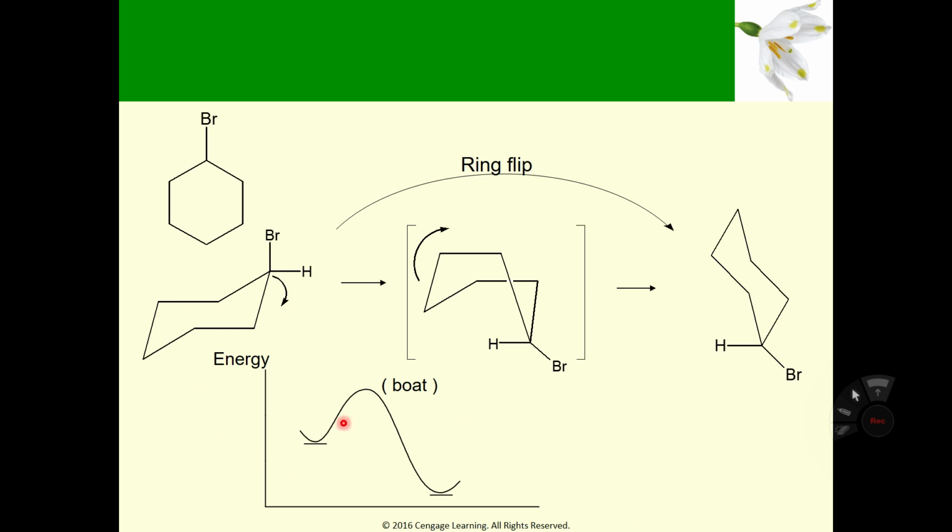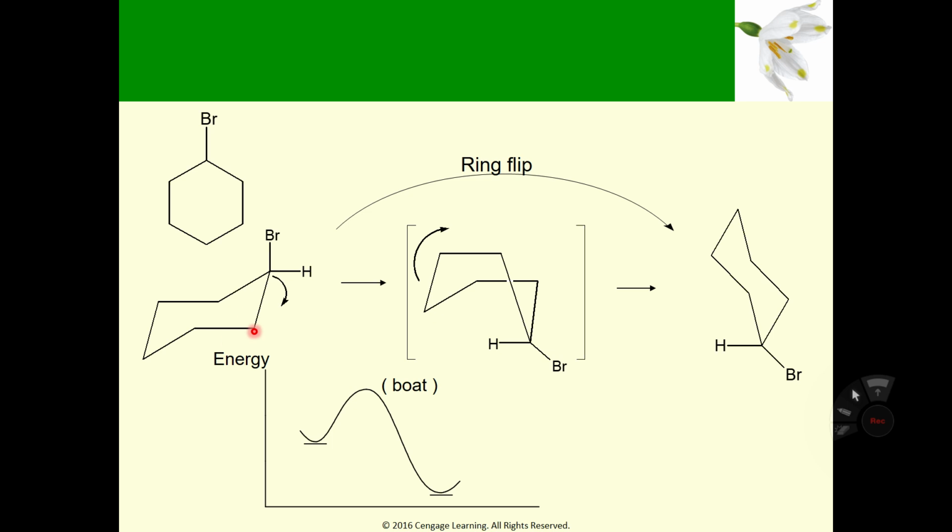Also, we can consider the energies. In this case, this Br is larger than hydrogens, right? In this case, the large group is in axial position. In this case, the large group is in equatorial position. Usually the large group prefers to be in an equatorial position due to the energy stability, right?